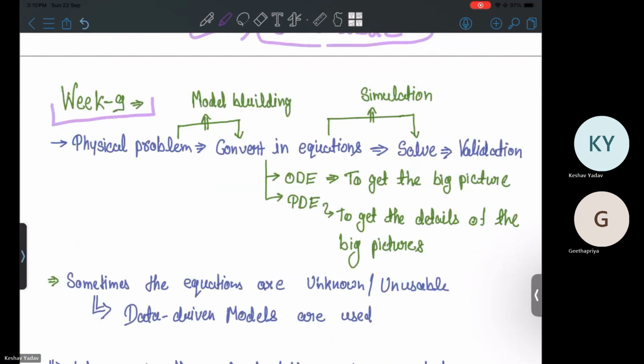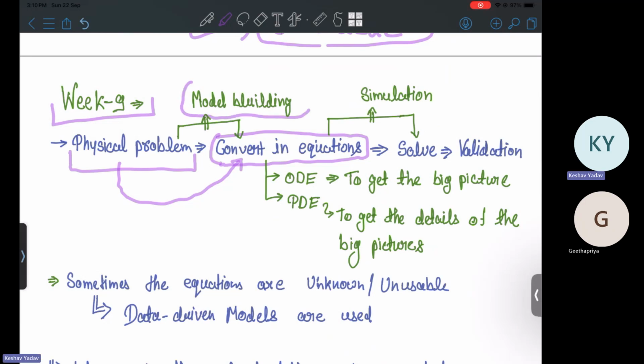This week, if we consider any physical problem and wish to solve it, first we will convert this problem into equations. This conversion of a physical problem to equations or a mathematical model is known as model building or mathematical modeling.